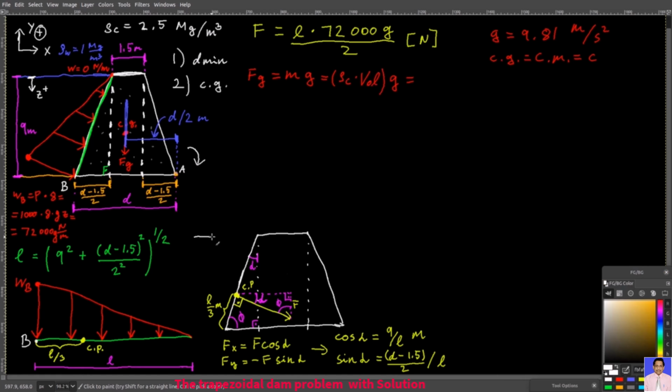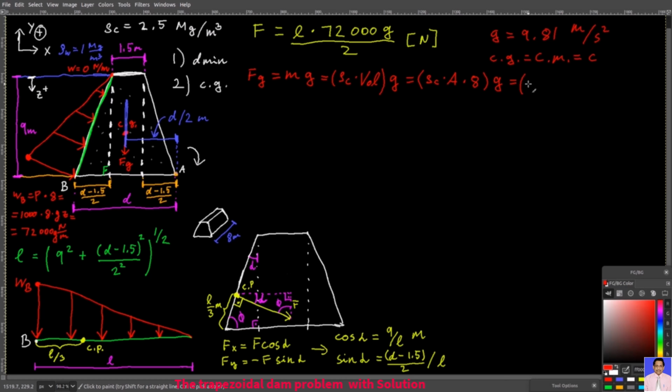Since you know that the width of the dam is 8 meters, you can rewrite this volume like this. Rho c times, and now instead of volume, I will have the area of the cross section times 8, and now times g.